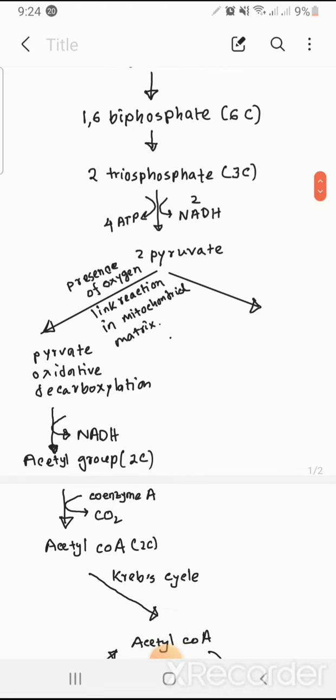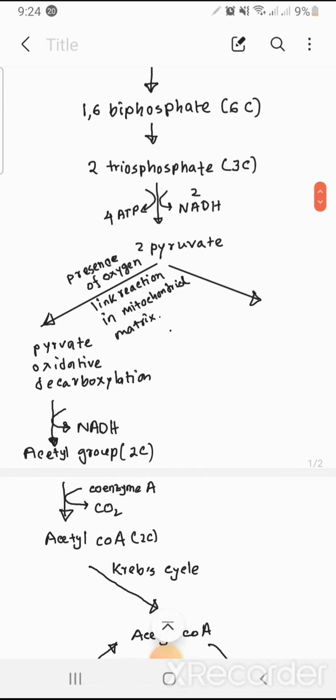And this is substrate level phosphorylation, where the substrate, triose phosphate, loses its phosphate to the ADP, and ADP becomes ATP, and this ATP is used as the energy currency, right? So there you go, you have ATP now.